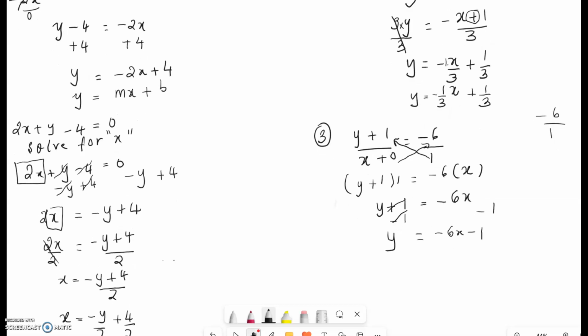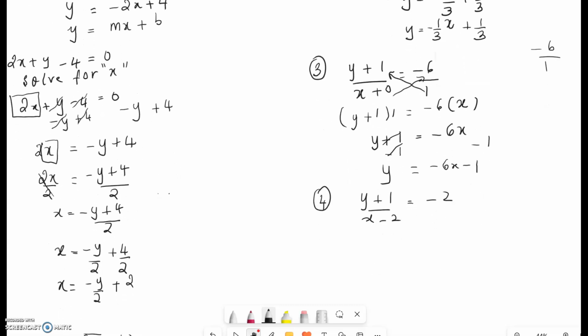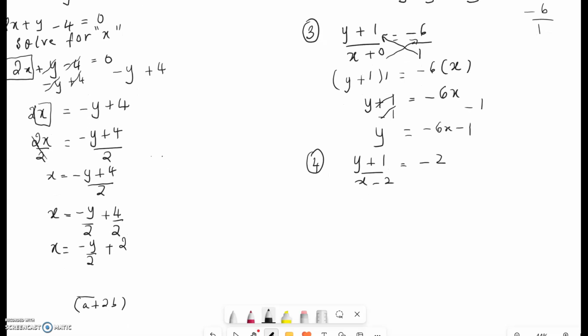Now let's write down the next equation. Let's say we have y plus 1 over x minus 2 equals negative 2. It's very similar, just more examples of the same type. So if you see something like this, a fraction on the left, write it as negative 2 over 1 and cross multiply.